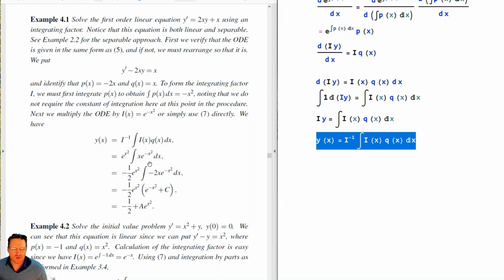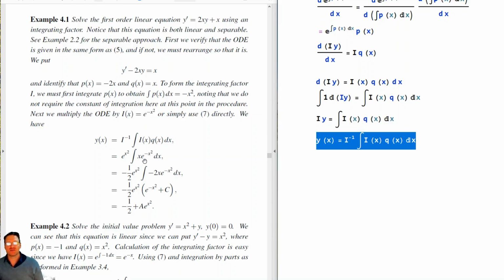All right, now with this one, we can do this integral by substitution, because you can notice that the derivative of minus x squared is minus 2x. So these are very similar, right? The derivative of minus x squared is very similar to just x.